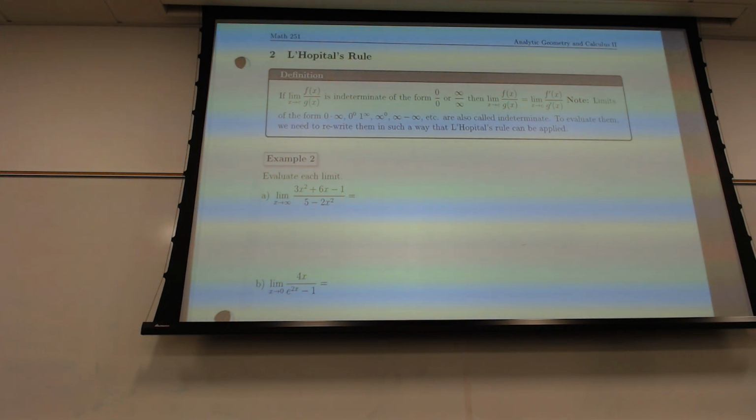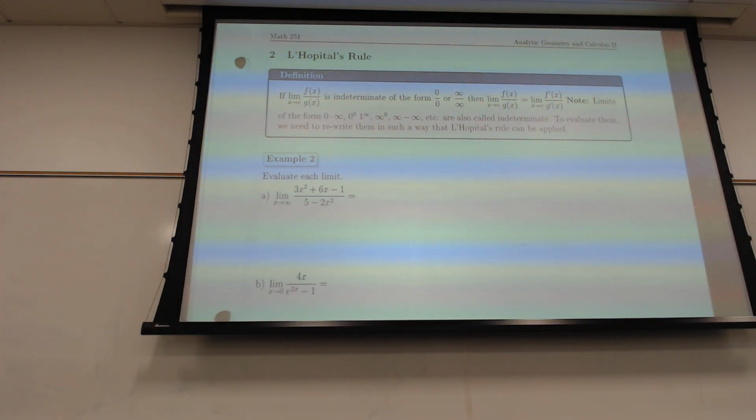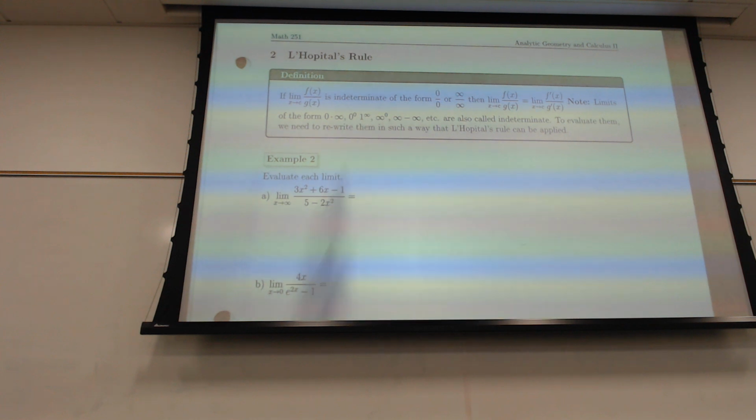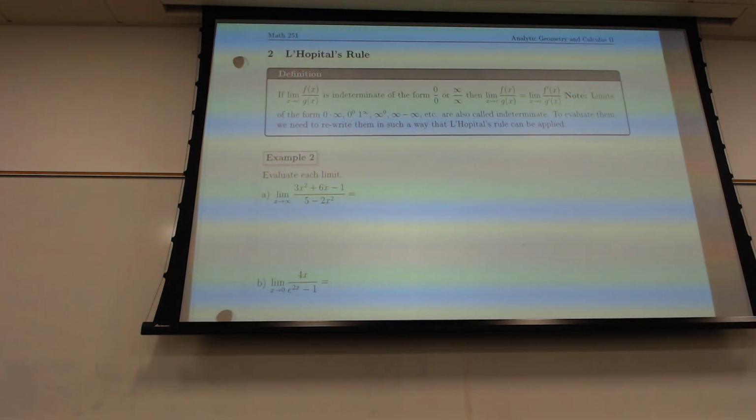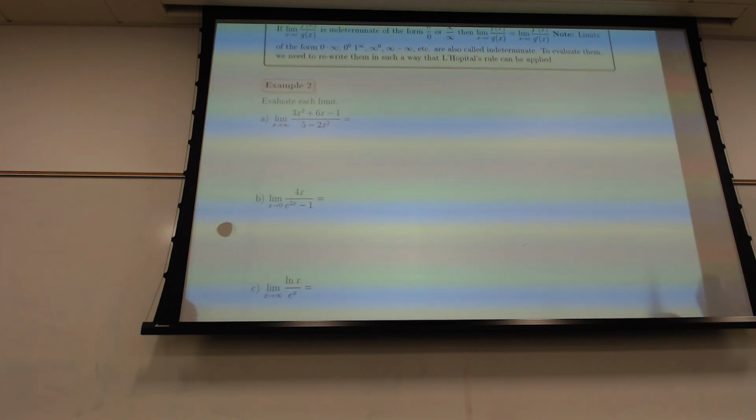But there are other weird looking indeterminate forms that you may not have seen, like 0 times infinity, 0 to the 0, 1 to the infinity, infinity to the 0, and infinity minus infinity. In this case, we cannot subtract infinity minus infinity because we don't know which infinity is bigger than the other, right? So we can't do that. So we need to treat the expression in a different way.